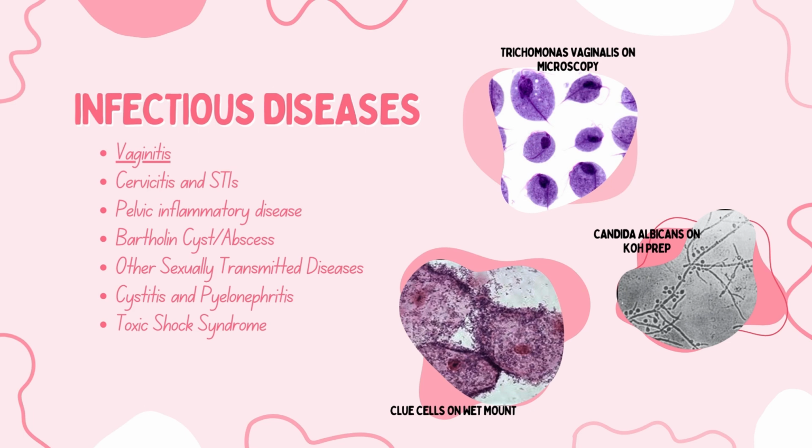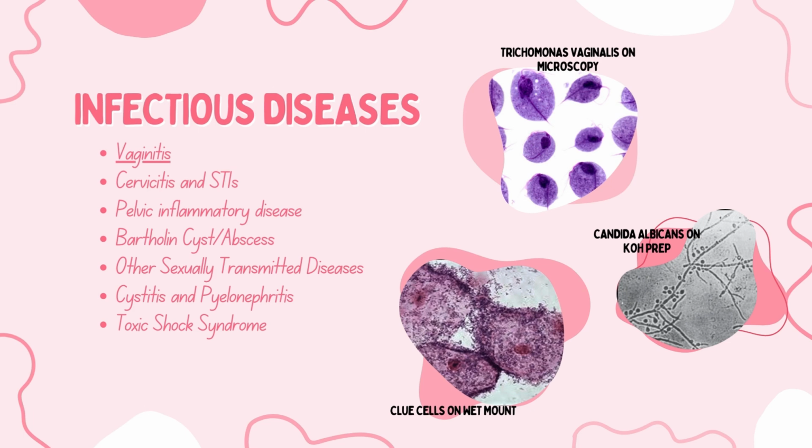Men are usually asymptomatic, but they can develop urethritis or itchiness after intercourse. So, exam, you might see petechiae in the upper vagina and on the cervix. This is called strawberry cervix. And profuse, malodorous, yellow-green, frothy, keyword frothy, discharge and vaginal inflammation.